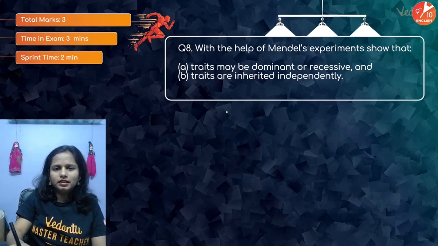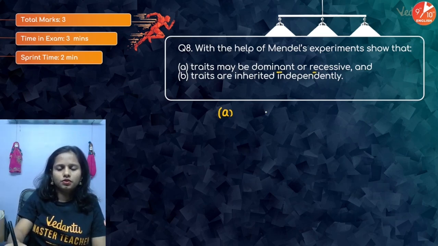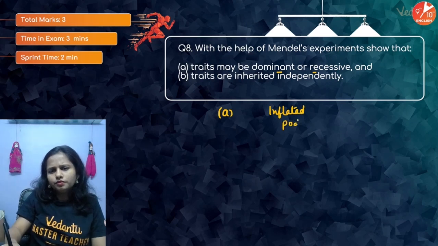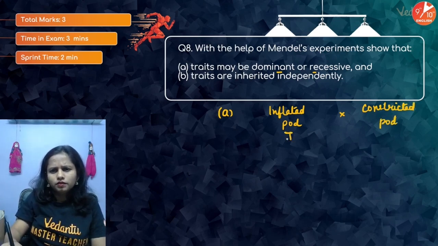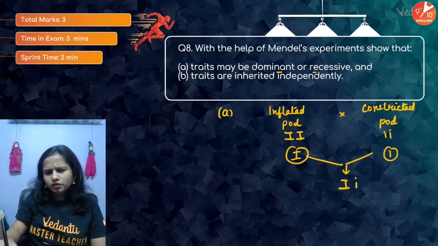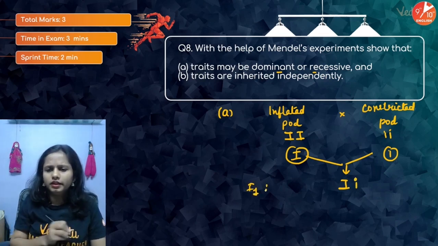So for case A, you may write down dominant and recessive, for example inflated pod, constricted pod, gametes, fuse them and you get this as a genotype in the F1 individuals.